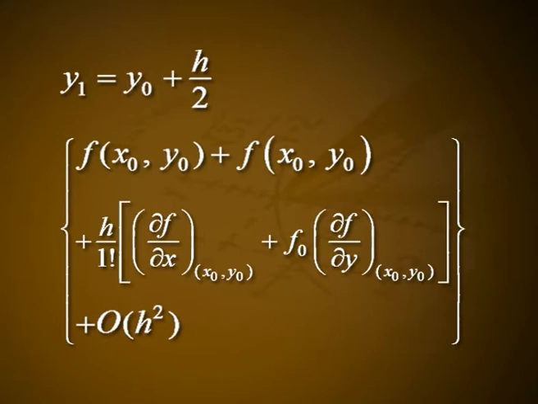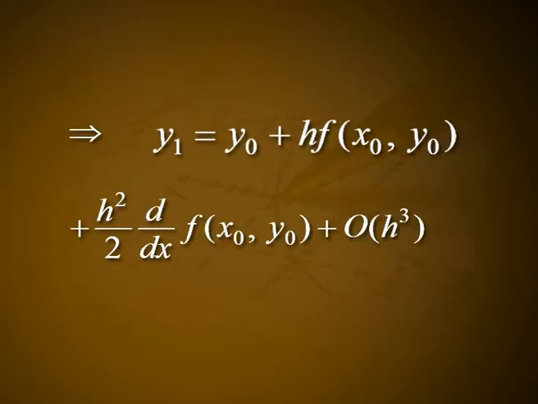Now, equation star implies y1 equal to y0 plus h by 2 into [f(x0, y0) plus f(x0, y0) plus h by 1 factorial into (∂f/∂x at (x0, y0) plus f0 into ∂f/∂y at (x0, y0)) plus order of h square]. This implies y1 equal to y0 plus h into f(x0, y0) plus h square by 2 into d/dx of f(x0, y0) plus order of h cube.